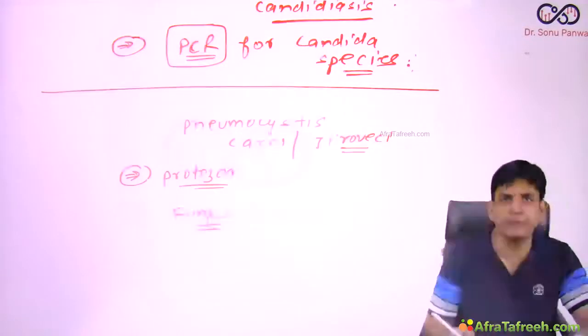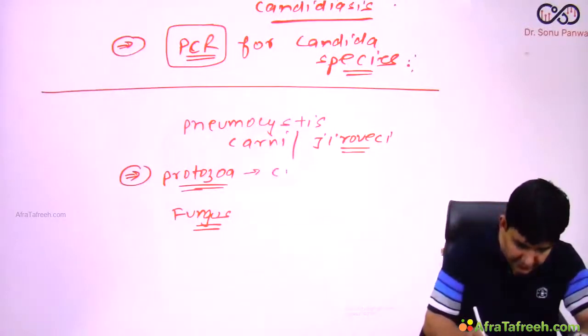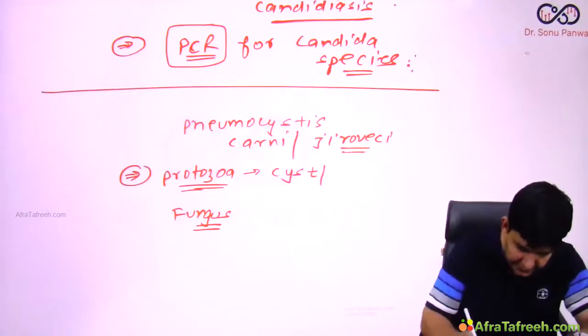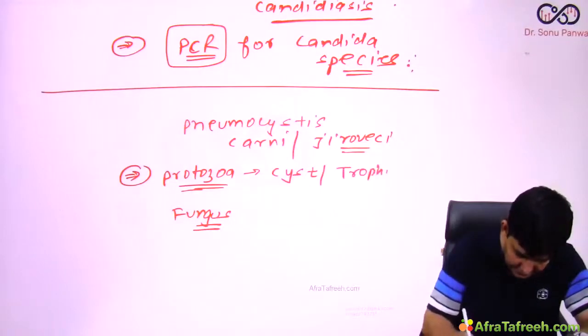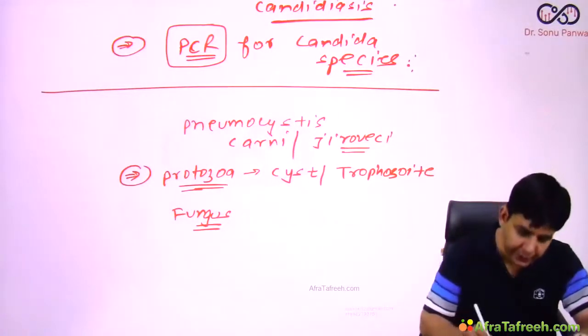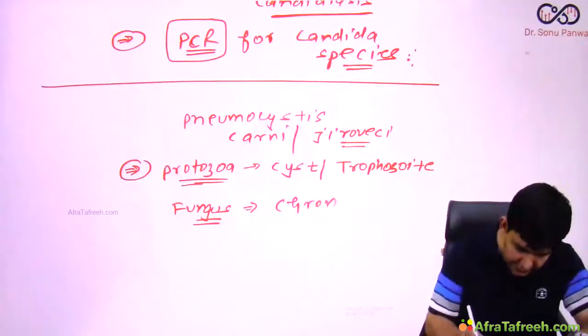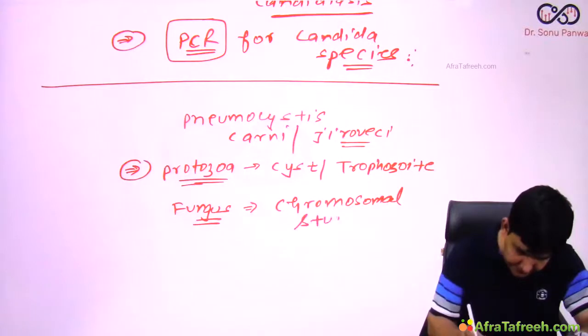What are their points for calling it protozoa or fungus? They call it protozoa because it exists in cyst and trophozoite form. And why do they call it a fungus? Because the chromosomal studies of it favor it being a fungus.